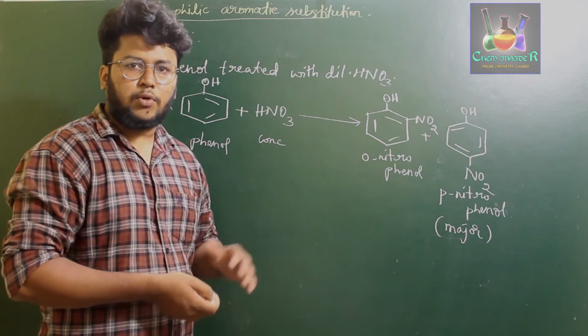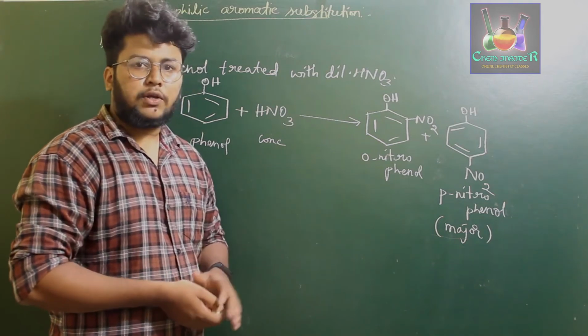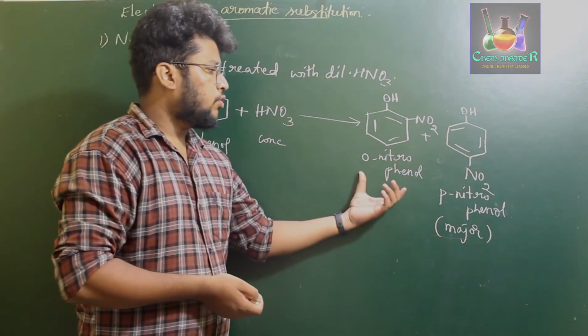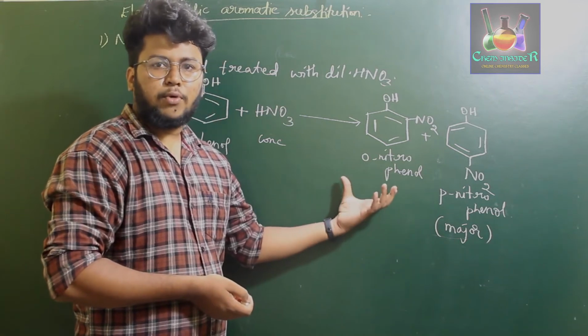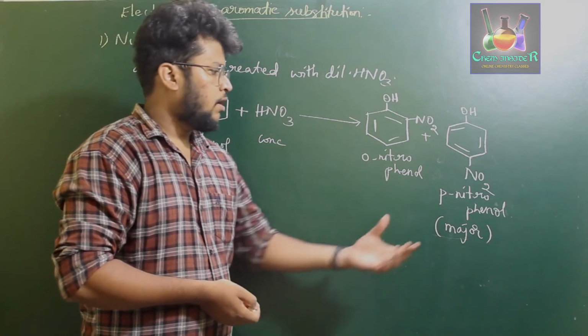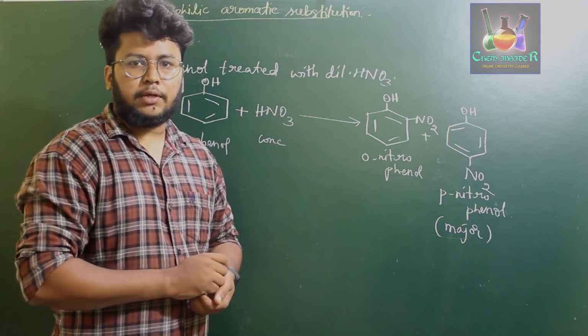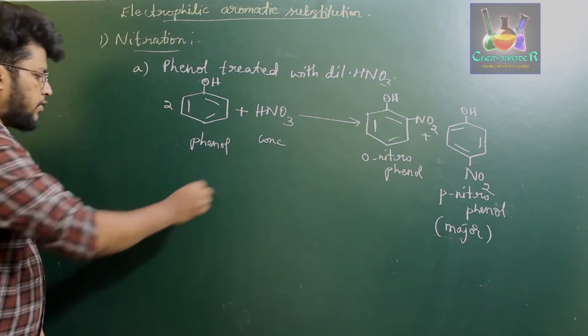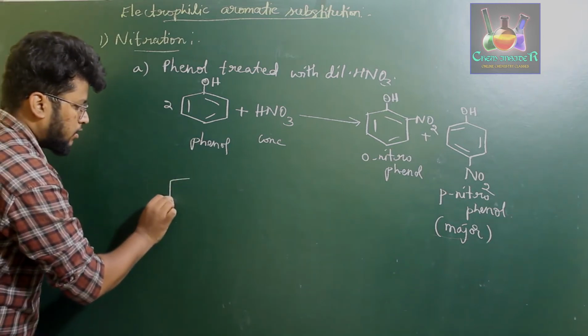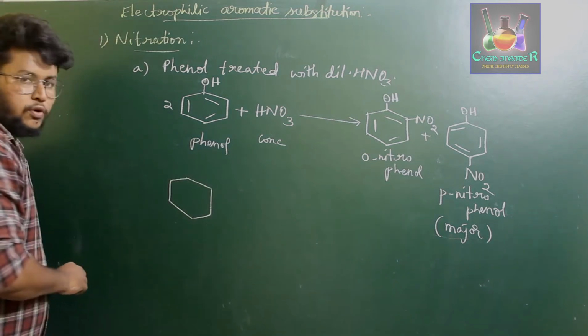hydrogen bonding in their molecular structure, but the only difference is orthonitrophenol undergoes intramolecular hydrogen bonding, whereas paranitrophenol undergoes intermolecular hydrogen bonding. So, if you write the structure of this in split manner, let us say this is orthonitrophenol.